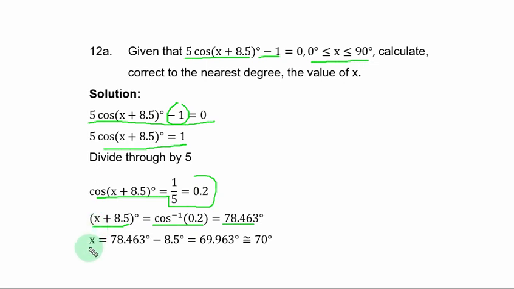So s is equal to 78.463 degrees minus 8.5 degrees equal to 69.963 degrees. To the nearest degree, you have 70 degrees as the value of s.